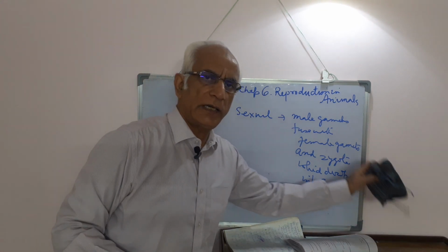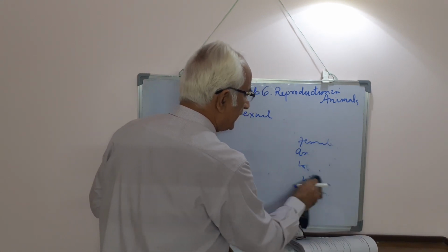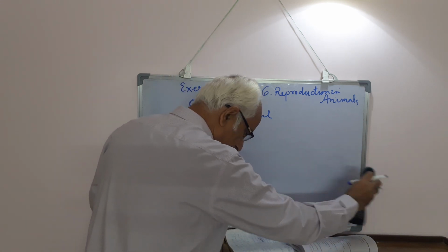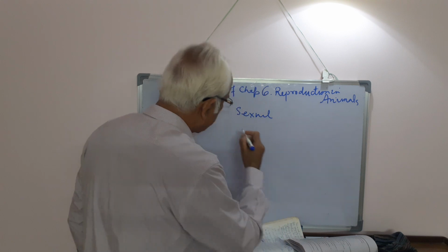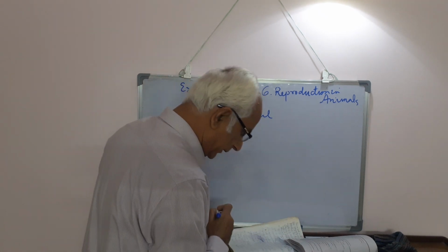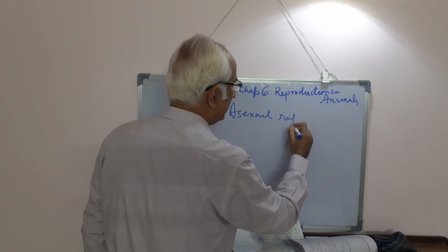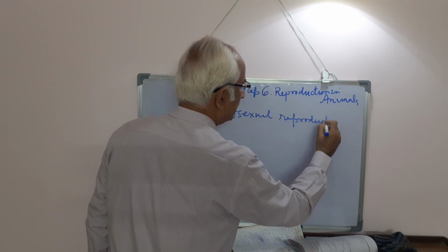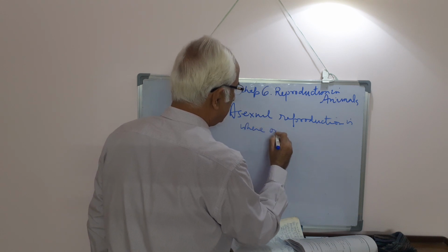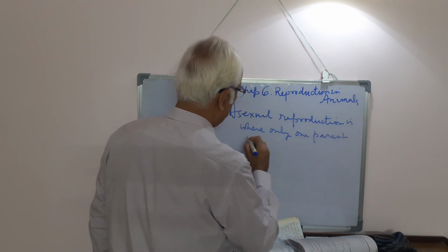In asexual reproduction, we have to give the answers for asexual reproduction. I'm just explaining it to you so that you understand the difference between the two. Asexual reproduction is where only one parent is involved.